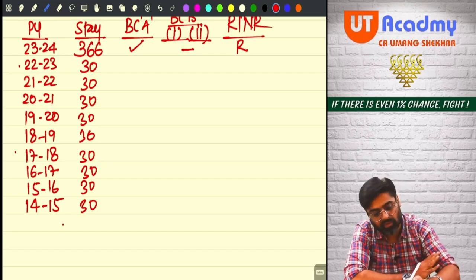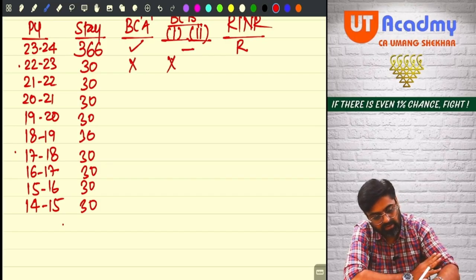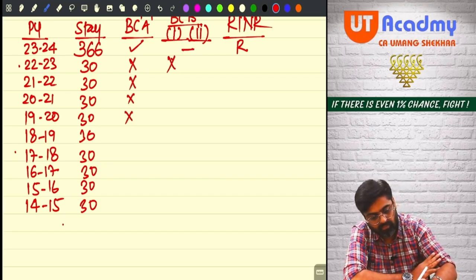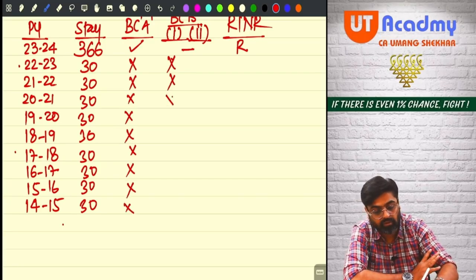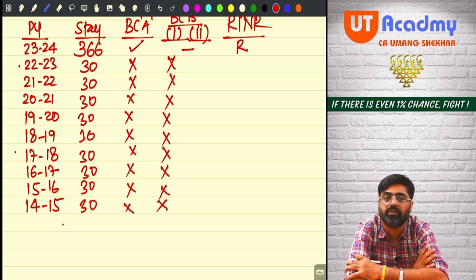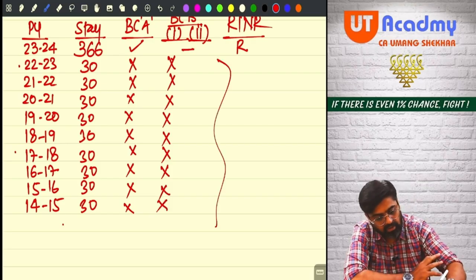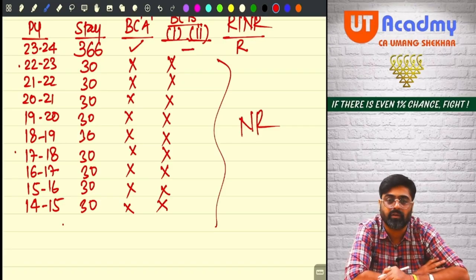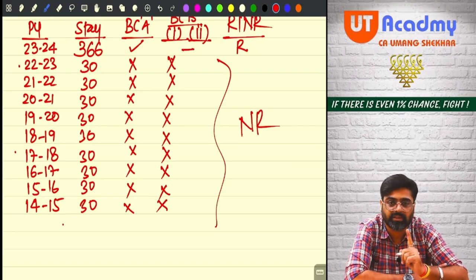Every year prior to that, he did not satisfy basic condition A as well as B. In none of the years did he satisfy basic condition A as well as basic condition B, because his stay was only 30 days. So for all these years, he was a non-resident. Do we have a status for the last 10 years now?